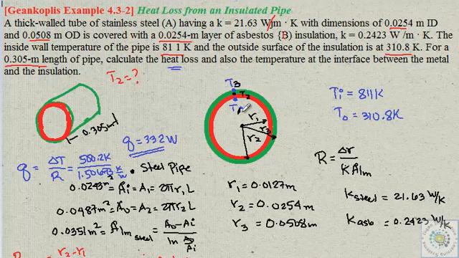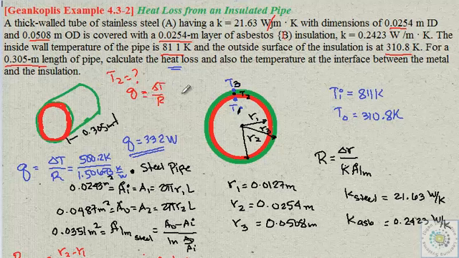Now, if you focus on the steel pipe, you know that through the steel pipe the flow of heat is 332 watts, meaning that same amount of heat will flow through the steel pipe and also through the insulation. But now we're looking only at the steel pipe, and we can still write that Q is equal to delta T over R. That still applies to the steel pipe.